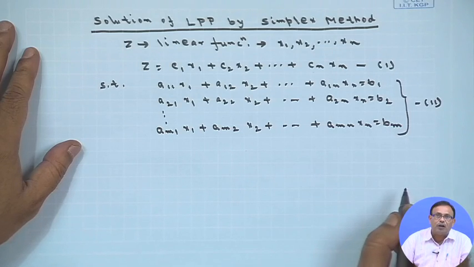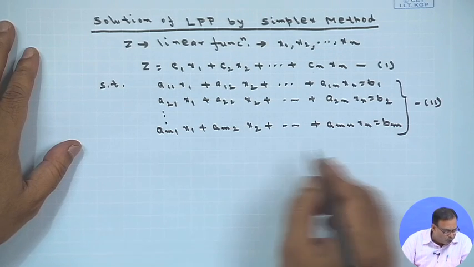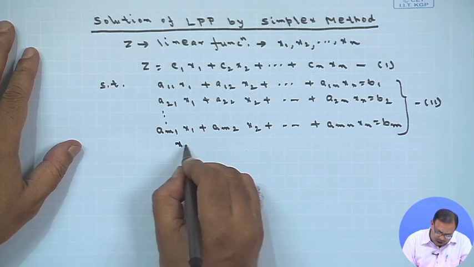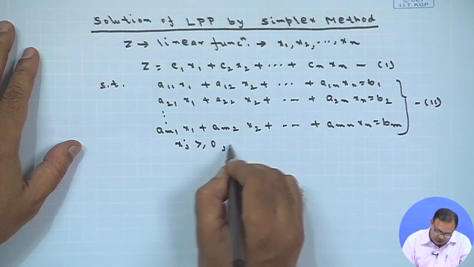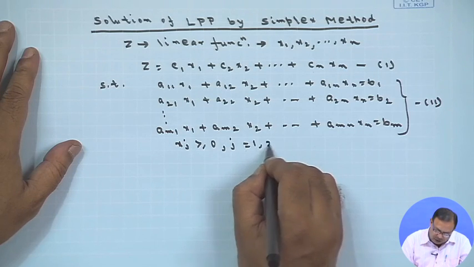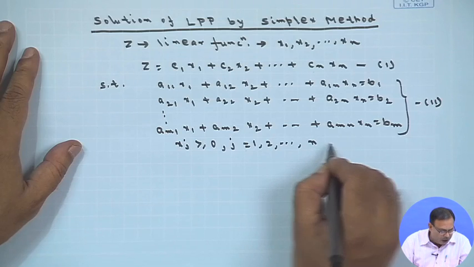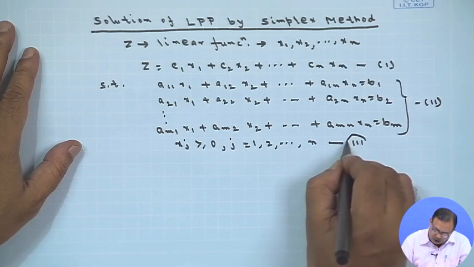This we are denoting as number 2, and xj greater than or equal to 0, where j takes the values from 1 to n. So, this is number 3.